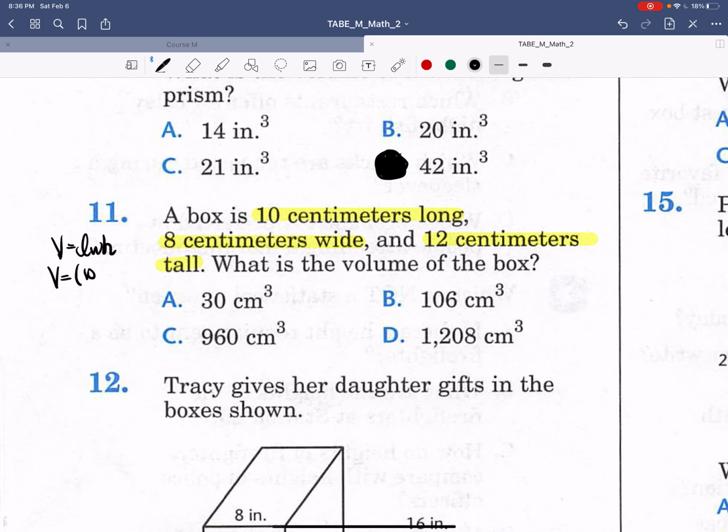V equals 10 times 8 times 12. I believe it's 960, but I'm not going to make an assumption. 10 times 8 times 12, yes, 960 cubic centimeters. So let's go with C for number 11.